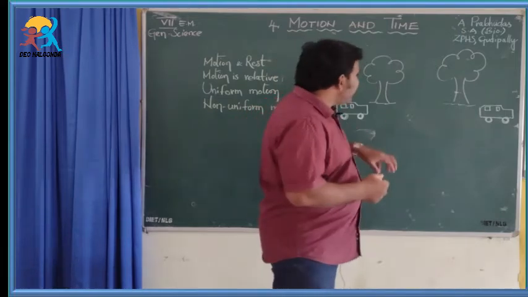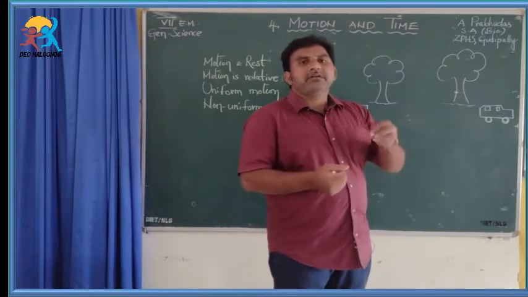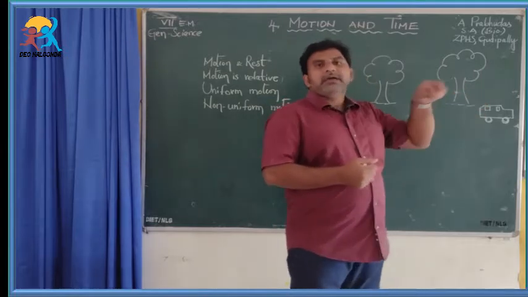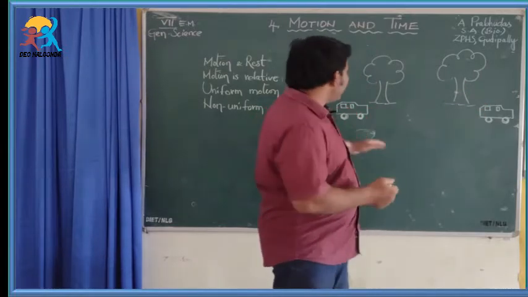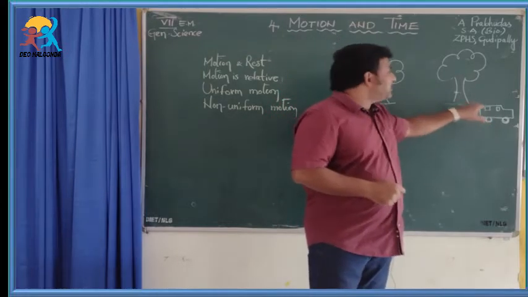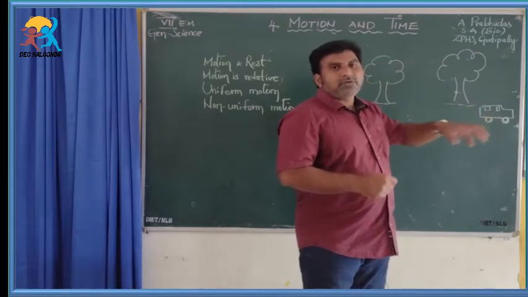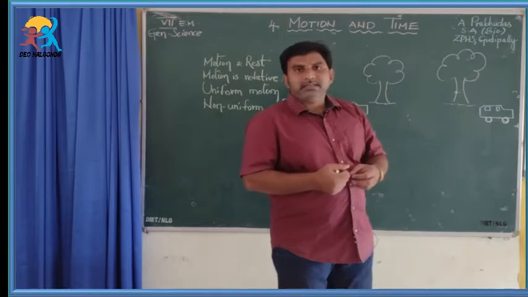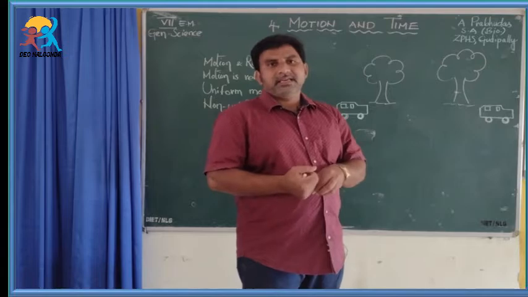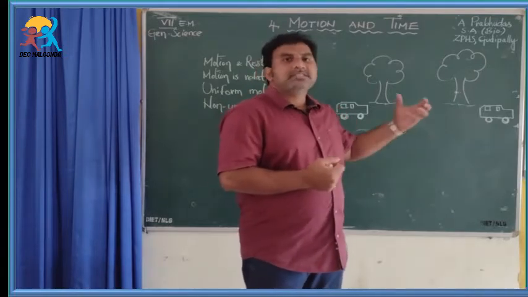You can clearly say which one is moving when you are referring the moving thing to the non-moving thing. For example, here the position of the car is changed with respect to the position of the tree. So, you can explain what a motion is by simply referring it with respect to the surroundings.